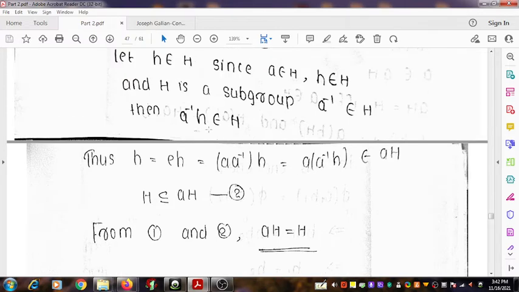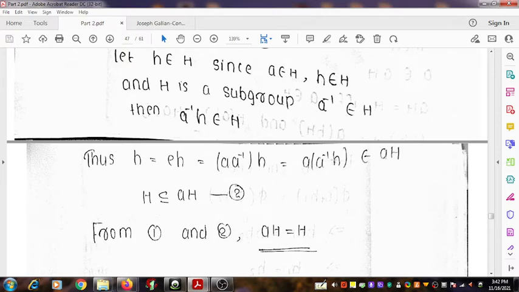But A inverse h is an element of H, and A is also an element of H. That means A into A inverse h is an element of H, and thus h is an element of A into A inverse h.